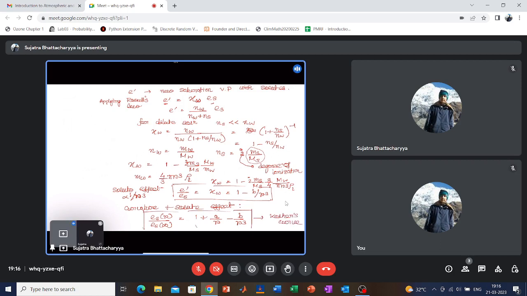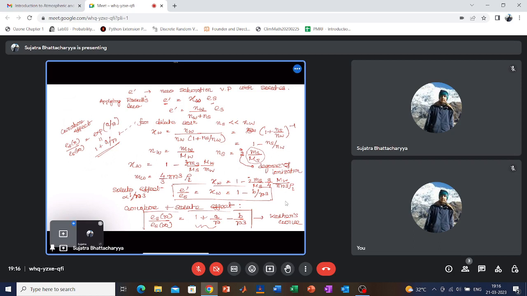So how is this 1 plus A by R coming? You remember that Es of R by Es of infinity, when only the curvature effect is considered, is some exponential of A by R. Here A is all those constants, and this can be written as 1 plus A by R, neglecting the higher order terms, so only this.